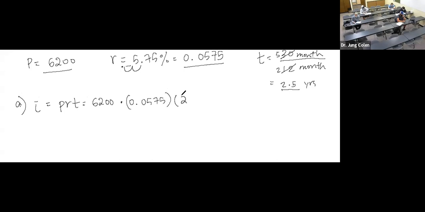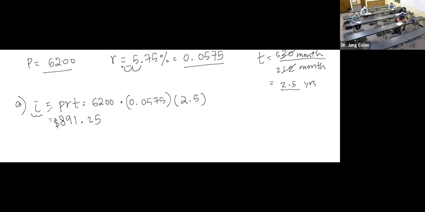And time, 2.5. You simply multiply them together using your calculator. And what do you get? 891.25. Thank you. That is just interest, right?